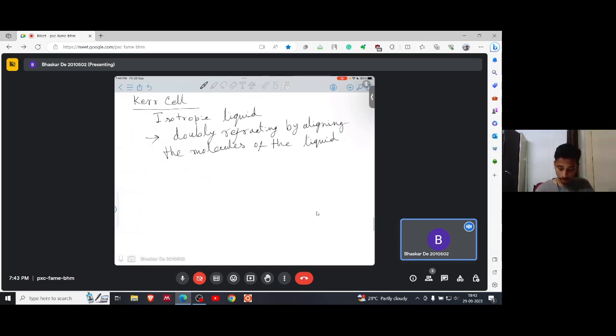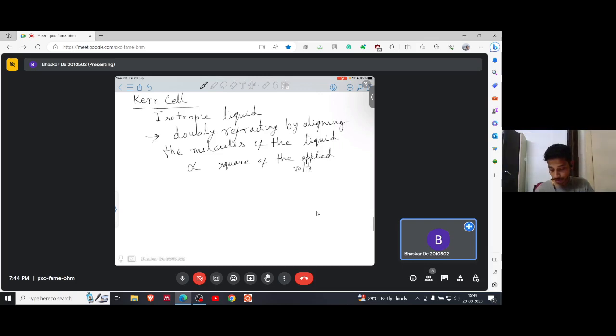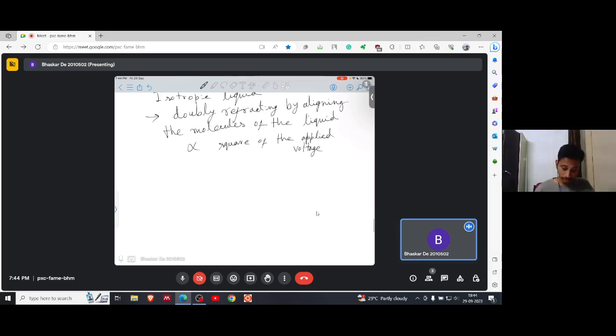So here the birefringent effect is proportional to the square of the applied voltage, and the material that is used here is mainly liquid nitrobenzene.